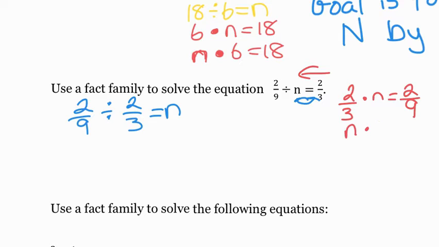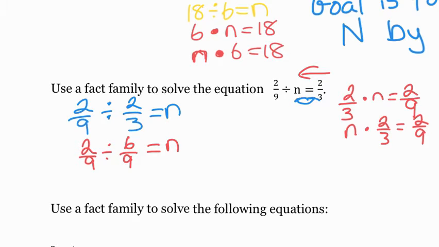Or n times 2/3 equals 2/9. Again, the red doesn't help me solve for n. I can do 2/9 divided by 2/3. So let's do that. I'm going to find my common denominator, which is going to be 9. So 3 times 3, so 2 times 3 is 6, equals n.